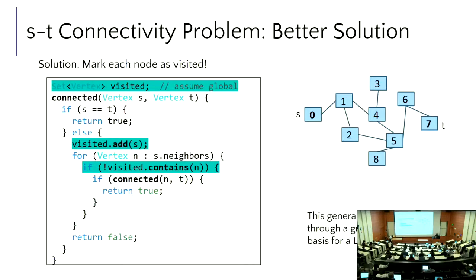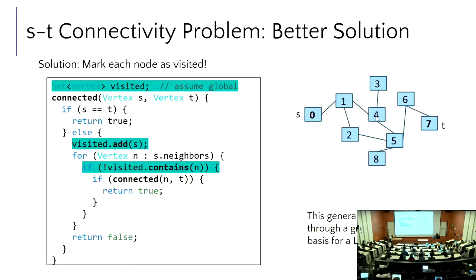And then every time we recurse, we're going to check, hey, it's not something I've already checked, right? So in the beginning, we started with 0, and then we said, hey, is 0 equal to 7? No. So add all of 0's neighbors, which is 1. And then I'm going to ask myself, is 1 7? No, it's not. Now I'm going to loop over all of 1's neighbors, which are 0, 2, and 4. But because of this nice new if statement here, I'm not going to go back to 0 accidentally.